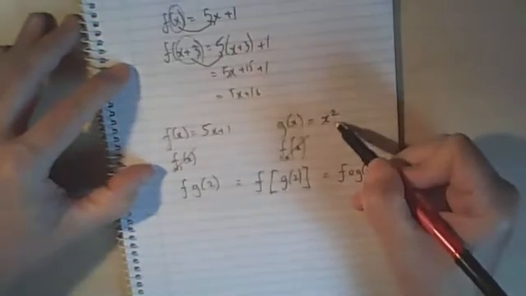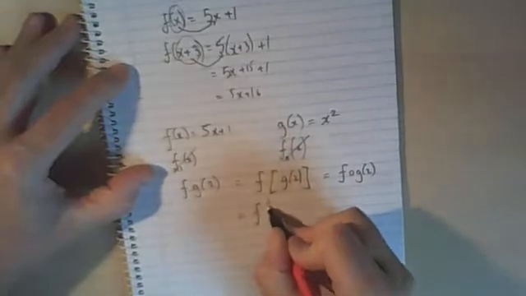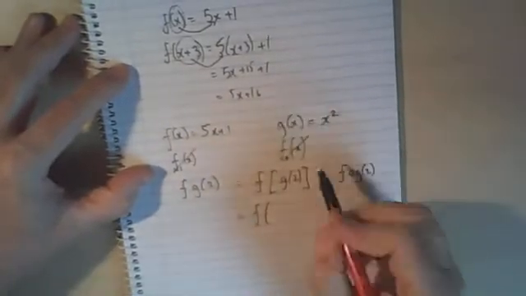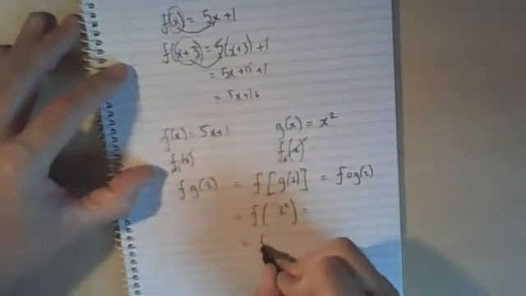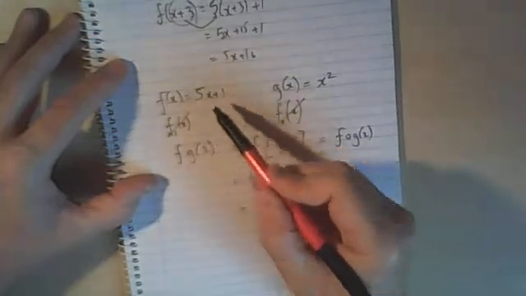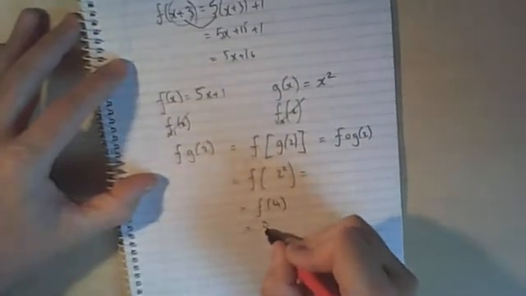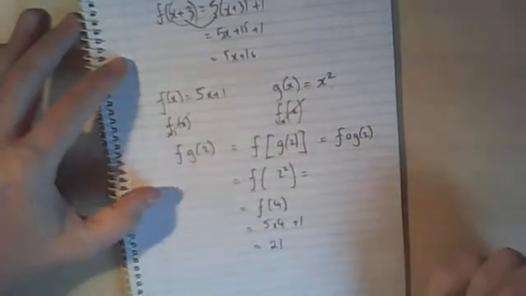So you do g of 2. So let's work out, we're doing f of g of 2. g of 2 is 2 squared, which is 4, so f of 4. And then 4 we put into this one, which is 5 times 4 plus 1, which is 21.